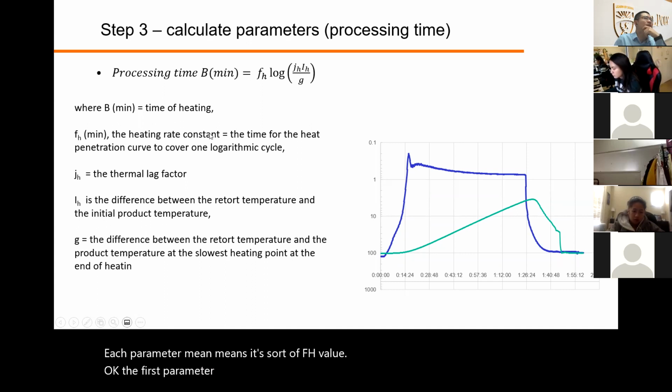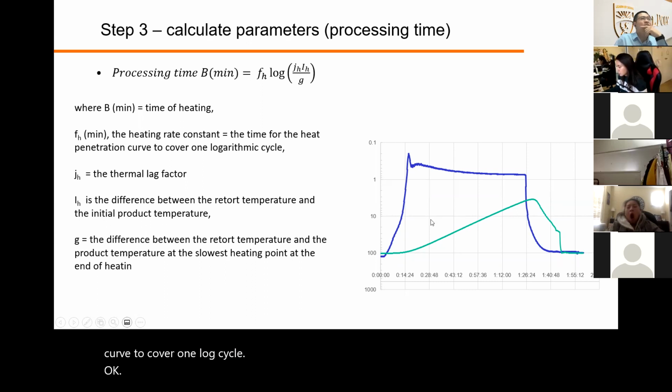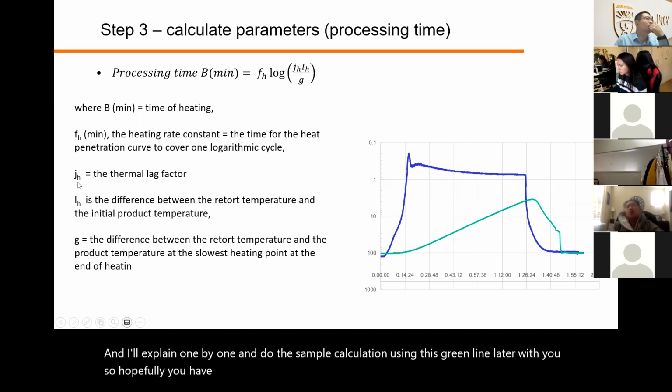is the heating rate constant, which is the time for the heat penetration curve to cover one log cycle. I'll explain one by one and do the sample calculation using this green line later with you, so hopefully you'll have a better understanding. And the JH is the thermal lag factor.